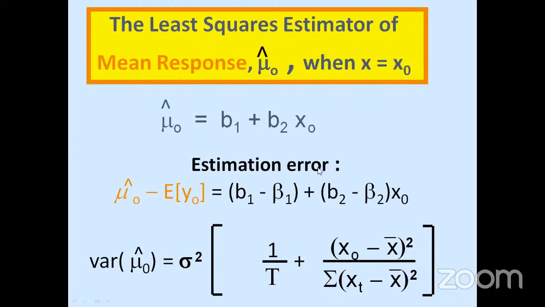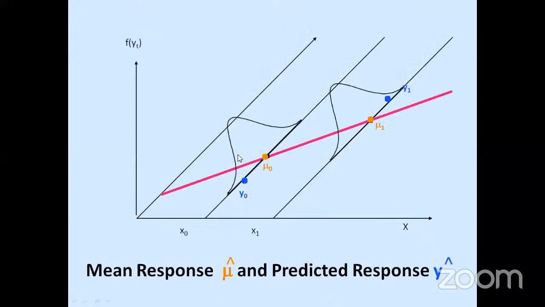Here we have to focus on the error aspect, and on estimating mu naught, that is the mean of this particular value, and the variance of those values.